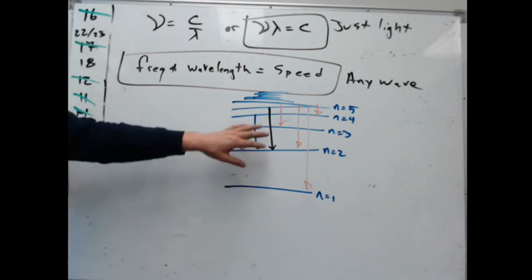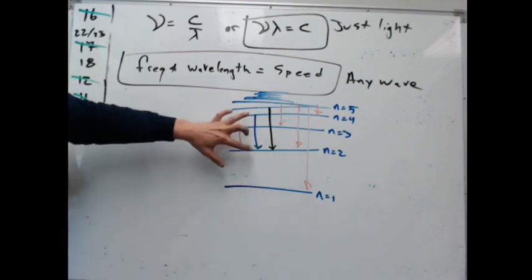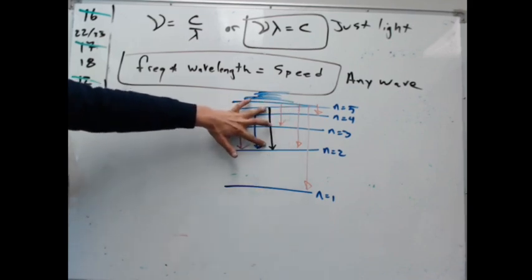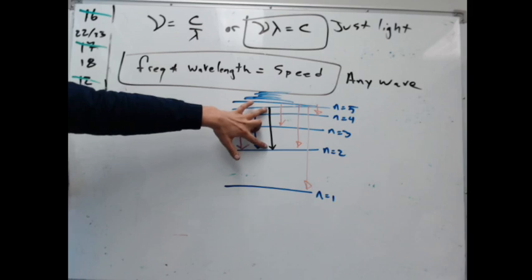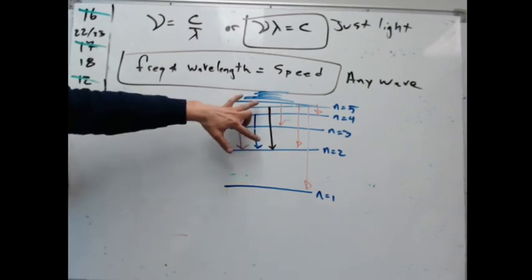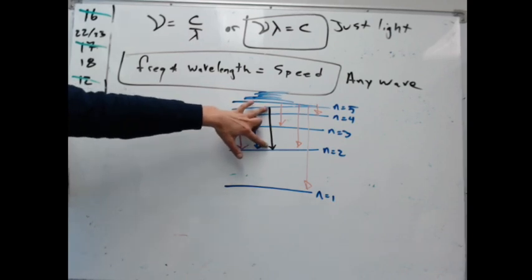Well, if you looked at this one, 4 to 2, you're kind of skipping the 3, right? So we don't really need to deal with the number 3 in that case. What we care about is the magnitude of this energy transition.